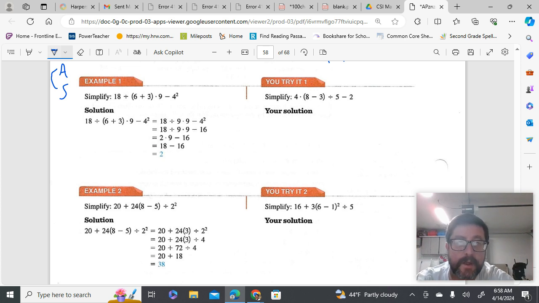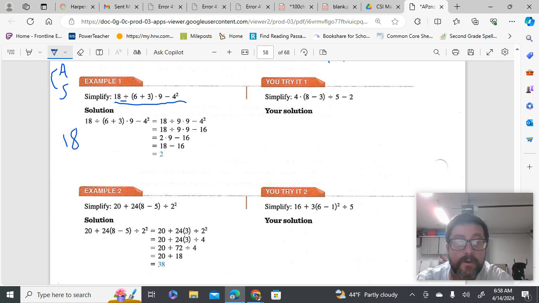Okay, so we're taking 18 divided by 6 plus 3 times 9 minus 4 squared. Okay, there's a lot to do in this one. So we do 18. What we have to do is our parentheses first. So let's rewrite it.